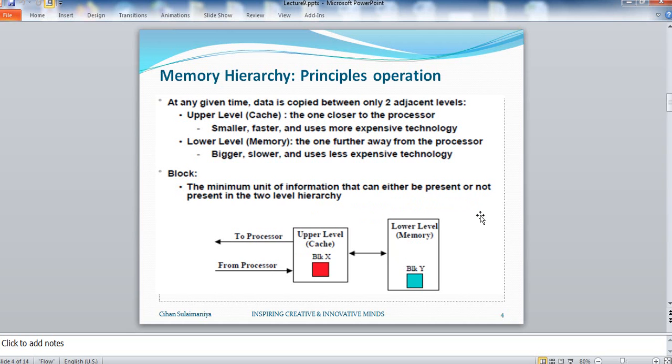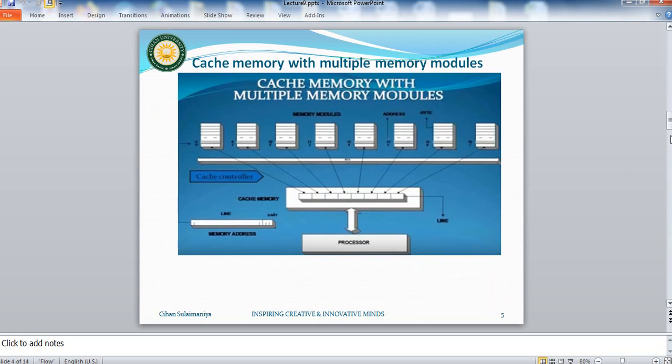It's going to search on the lower level, which is inside the hard disk, or inside the flash memory, or inside the CD, if you put one in your computer. So it's going to search for a further level. The search will cost extra time, and then the mapping memory comes into place. I'm going to explain it later on in this lecture.